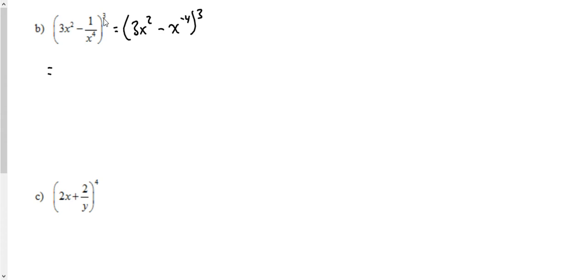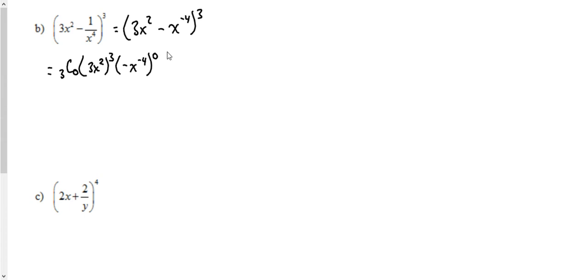So if I have n equals 3, I'm going to go 3 choose 0. My x value was this entire 3x squared, and my first n value is 3 there, and my other y value is going to be, take that negative with it, negative x to the negative 4 exponent 0. So that's my first one.